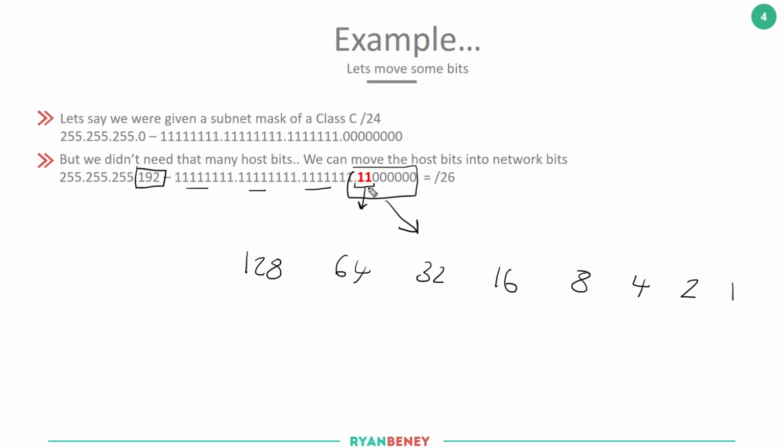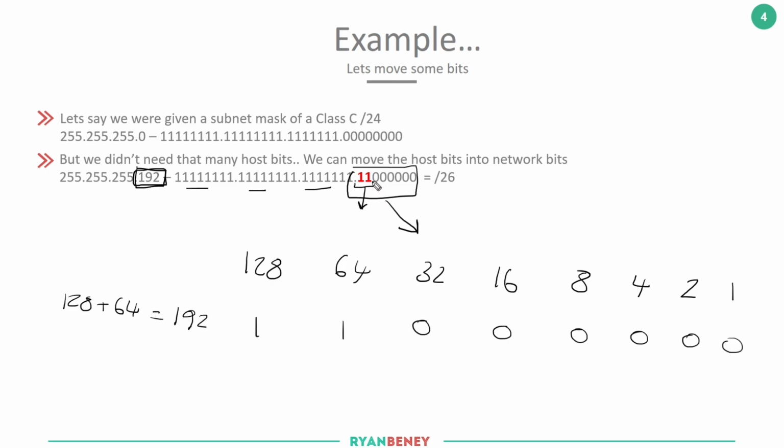We can see that we have the first 2 on, and the rest turned off. And if we add up the two values that we've got turned on, it's 128 plus 64 equals 192. Hence why, in decimal, this is 192.